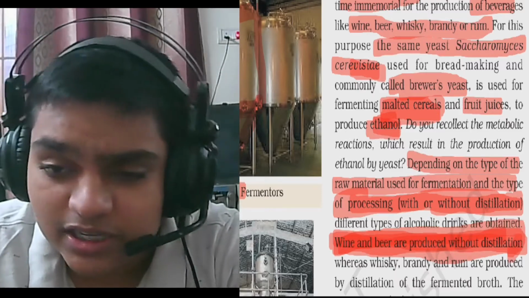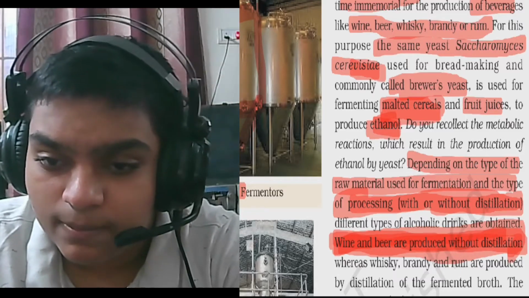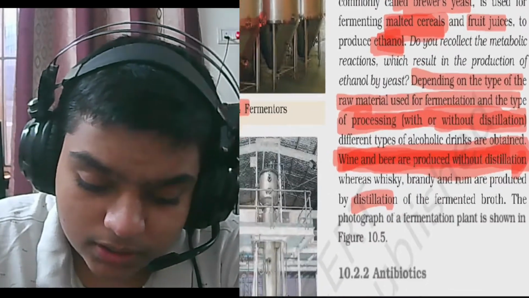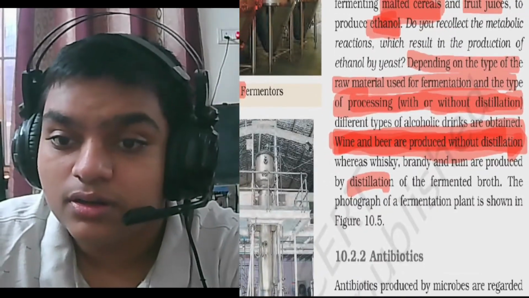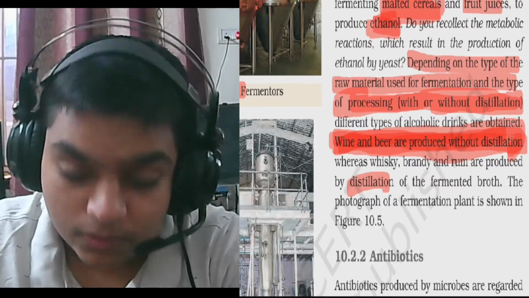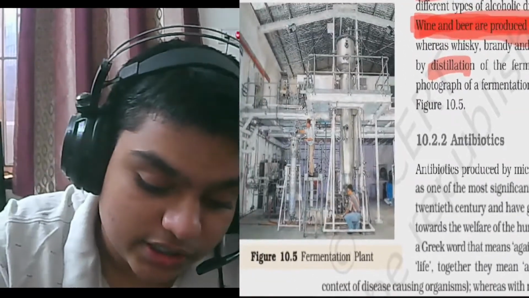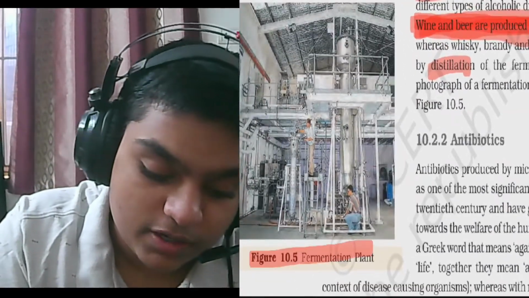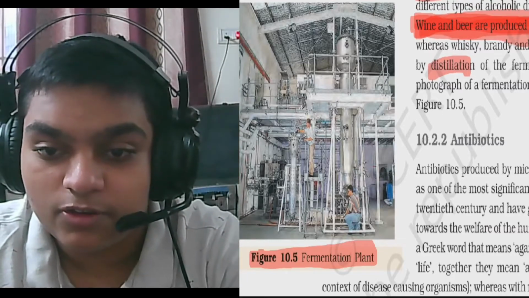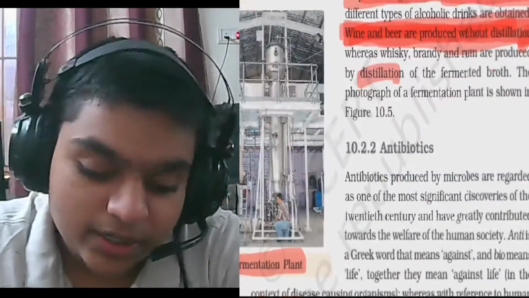But whiskey, brandy, rum, gin, etc., are all produced by distillation. But both are by fermentation process only. And here you can see the fermentation plant. Figure 10.5 shows you the fermentation plant, and figure 10.4 shows you the fermenters.